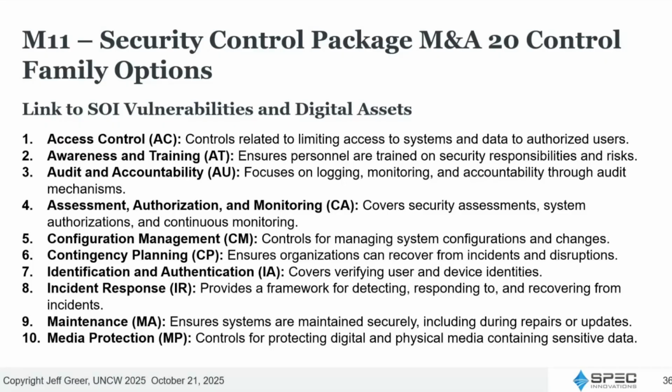So what's interesting is I'm not going to dwell on one control family over another, but what I will tell you is I took all of these, the 20 families and all their controls, and I think there's close to 1,000 of them, and I uploaded them into Innoslate as a control type, and then ultimately I can just call them up and assign them to either a vulnerability in the security domain boundary, or I can assign them to a class of digital assets.